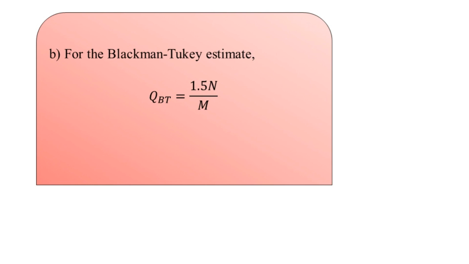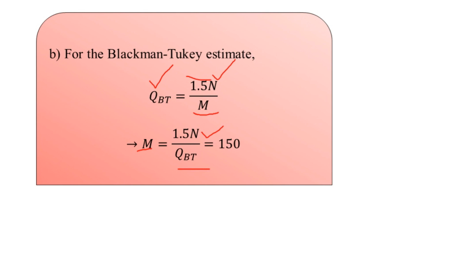Now in this particular one we require M to be calculated, whereas Q suffix BT and capital N are already known, and 1.5 is a constant value here. So we get the modified representation from this relation, capital M equals 1.5 times N divided by Q suffix BT.